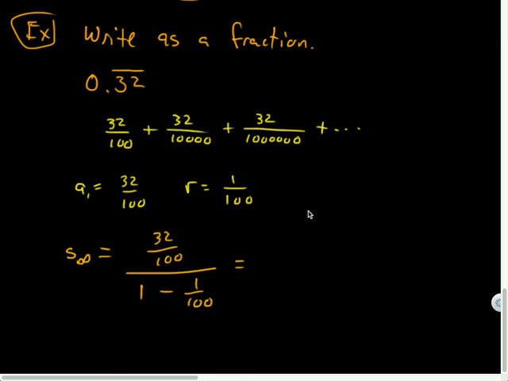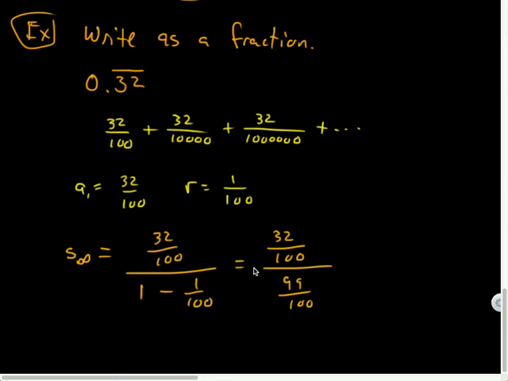I'm going to work horizontally here because I'm also running out of room. So 32 over 100 over 100 hundredths minus 1 over 100, which is 99 hundredths.